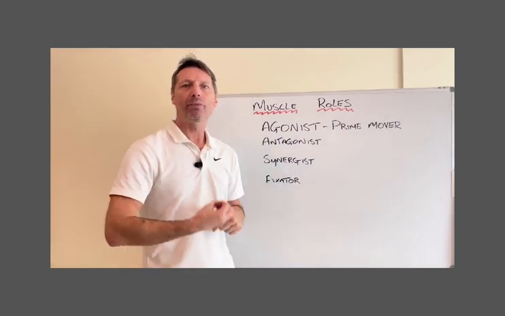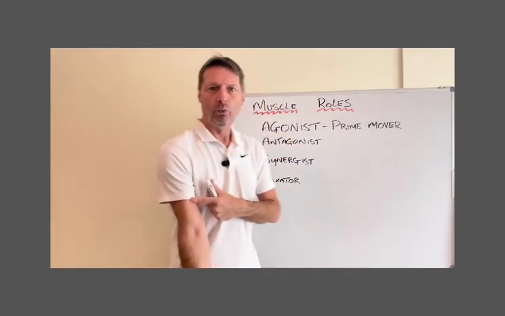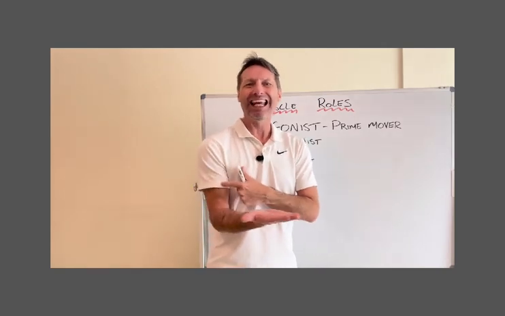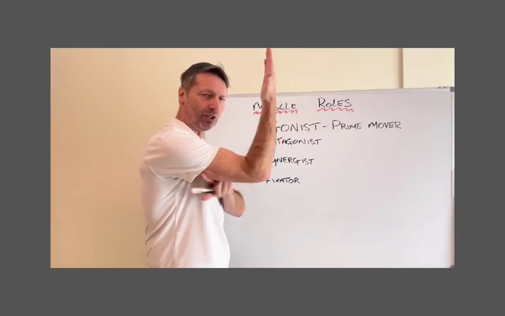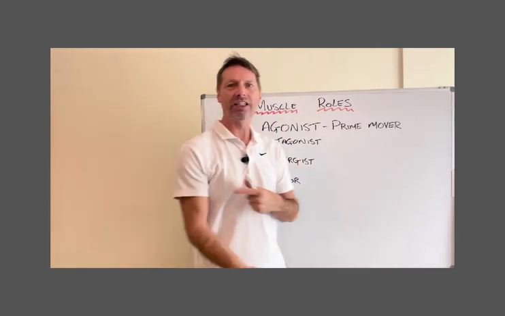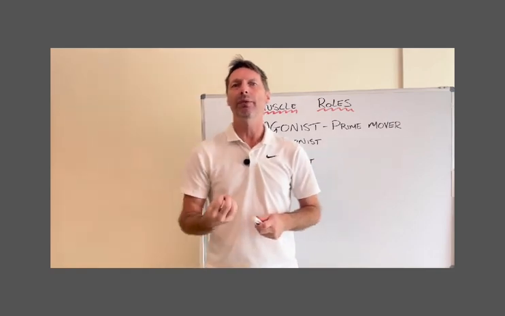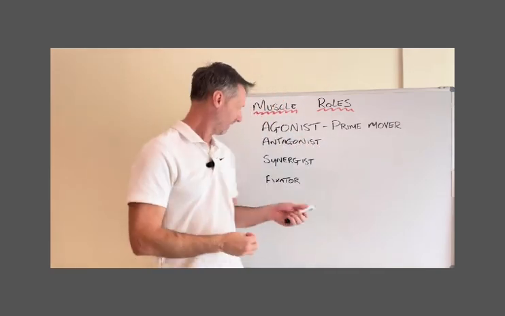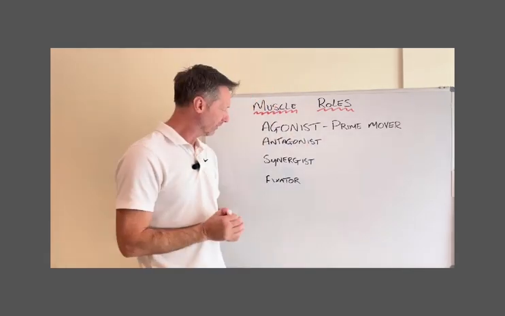So bicep, there are two muscles within that bicep. So the agonist would be the bicep brachii. The antagonist is the tricep muscle group, and the synergist would be the muscle helping the bicep brachii, which would be the brachialis. So it's a muscle that helps another muscle create the movement.